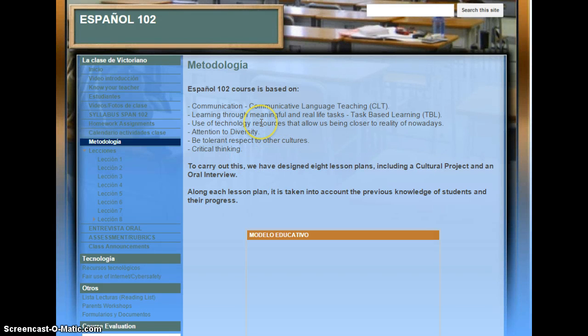Since I'm teaching Spanish, a language, it's very important for me to use communicative language teaching, not based just in grammar, but also expressing their ideas, speaking and writing. My activities are based on tasks and projects. I mean, task-based learning that is based on a meaningful and real-life task.